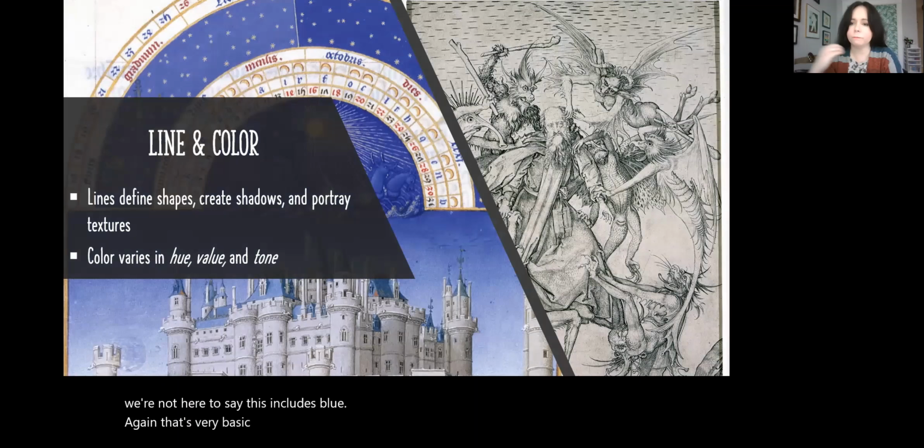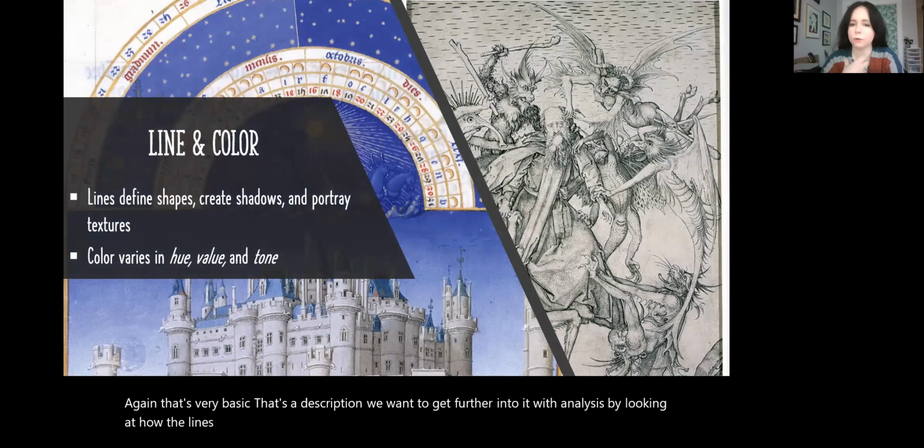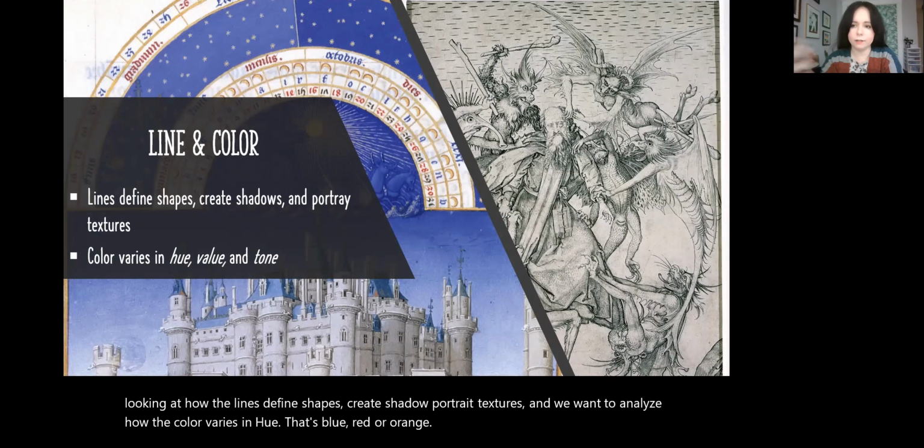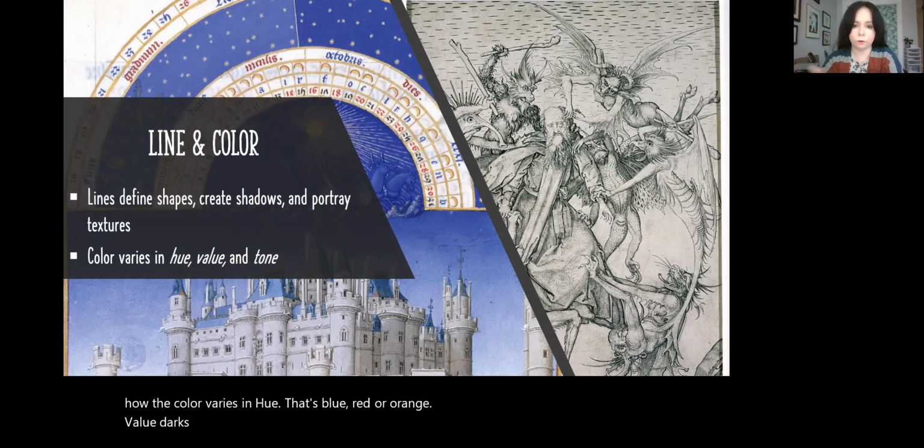We want to get further into it with analysis by looking at how the lines define shapes, create shadow, portray textures, and we want to analyze how the color varies in hue, that's blue, red, or orange, value, darks and lights, or tones, dull to bold and bright. So again, not just that they are there, but what are they doing?